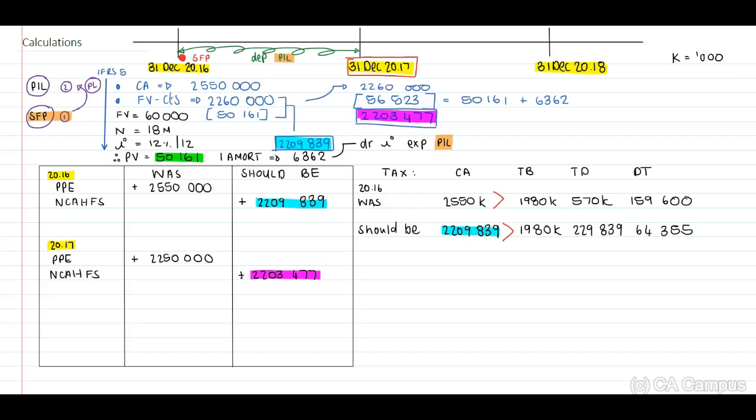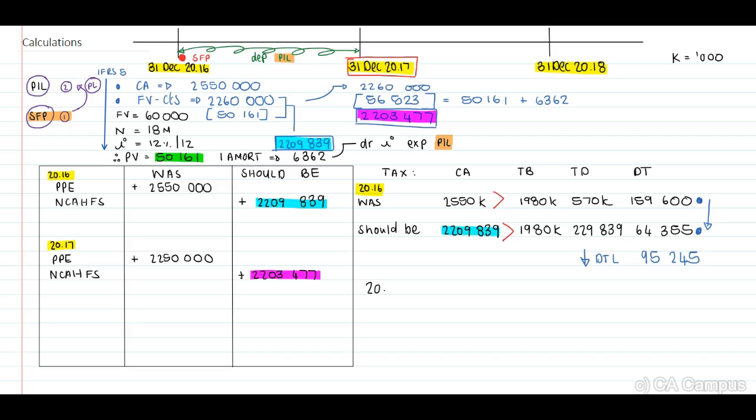Now immediately we are able to identify for 20.16, we will have to decrease our deferred tax liability from 159,600 to 64355. Therefore, we need to recognize a decrease in our deferred tax liability of 95,245.